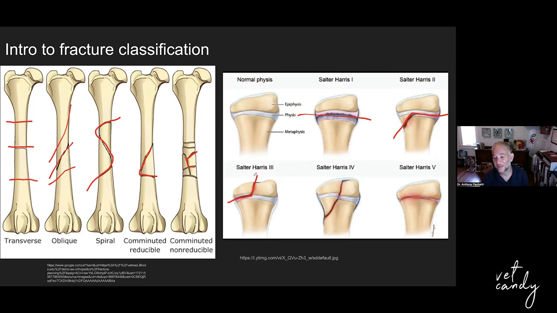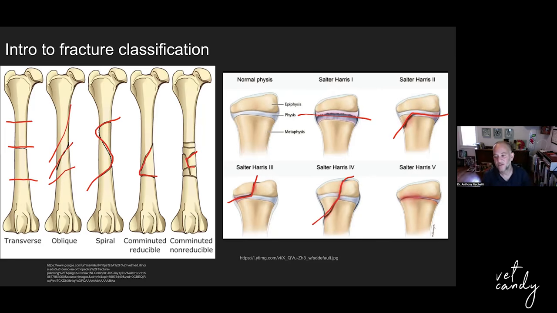So yeah, fractures get worse when you go from type 1 to a type 5. Okay, we'll talk about type 6 in a second. Basically, a Salter-Harris 4 is a combination of 2 and 3 where you go through the epiphysis, the joint, through the physis, and through the metaphysis. Okay, we see this commonly in the distal aspect of the humerus in young dogs.